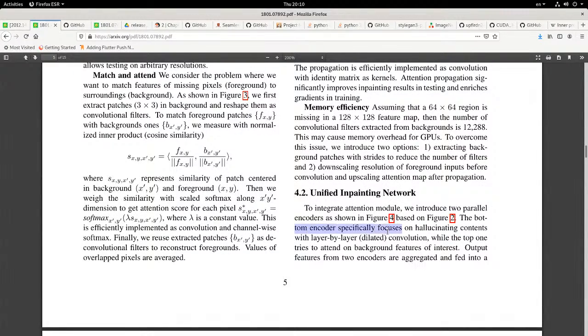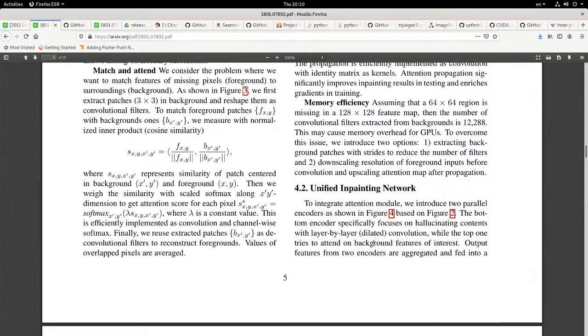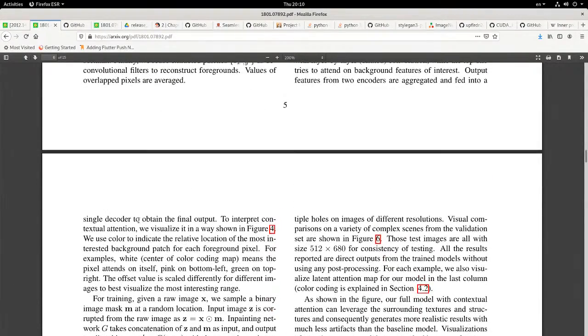The bottom encoder specifically focuses on hallucinating contents with layer by layer dilated convolution, while the top one tries to attend on background features of interest. Output features from the two encoders are aggregated and fed into a single decoder to obtain the final output.